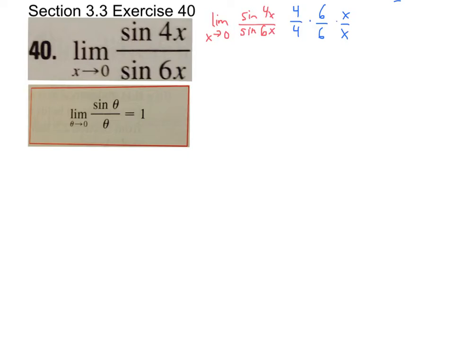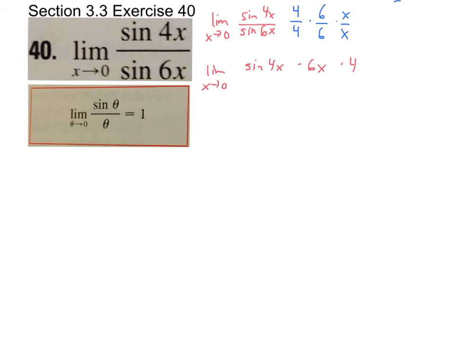And so what we then have is the limit as x approaches 0. And we're going to write these in a certain order. Since we're multiplying all of these things together, they're all going to be numbers. We know that we can use the commutative property to swap places on the top or the bottom. So what we're going to write is the sine of 4x times 6x times 4.